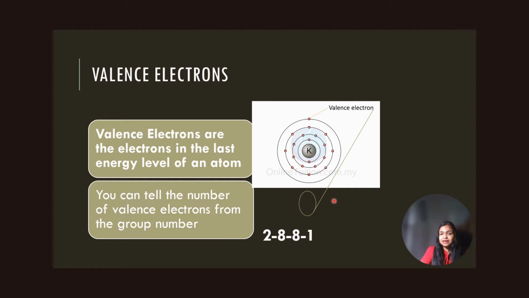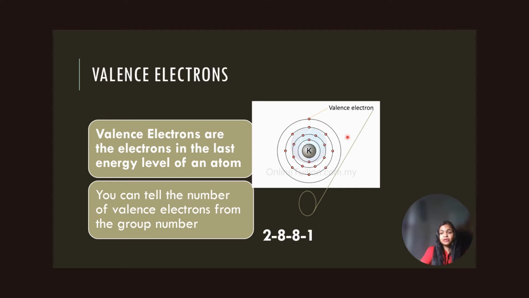Potassium has atomic number 19. Looking at the first energy level outside the nucleus, we can fill in 2 electrons. Then the second energy level can hold up to 8 electrons. After that, we can fill in 8 more, and the last energy shell can hold 1 electron.